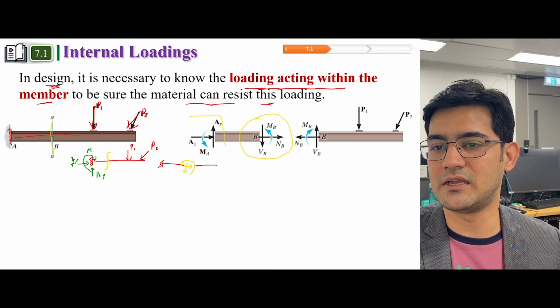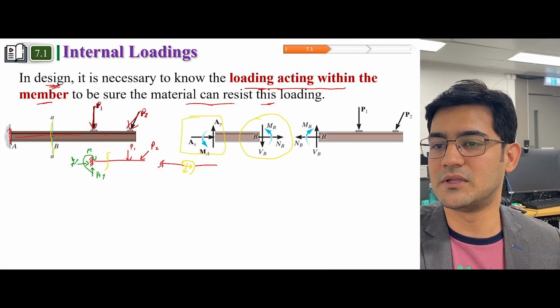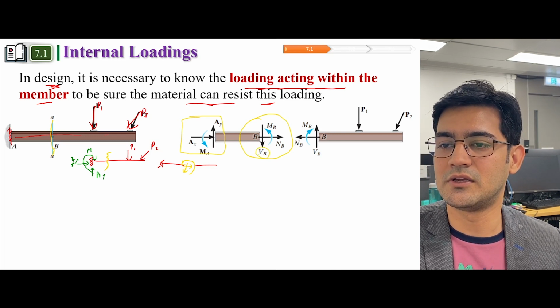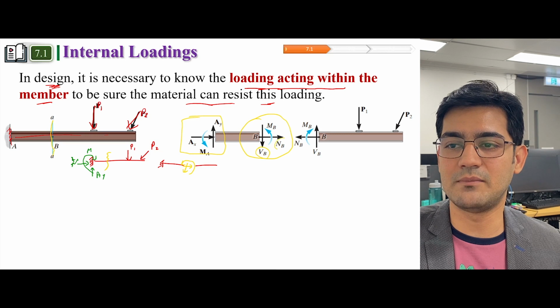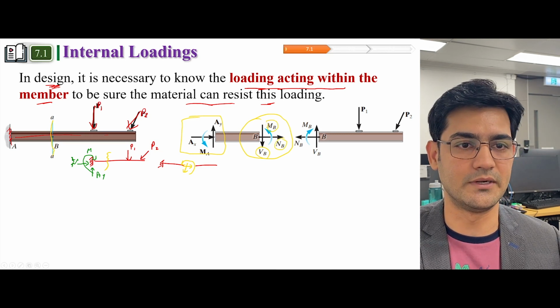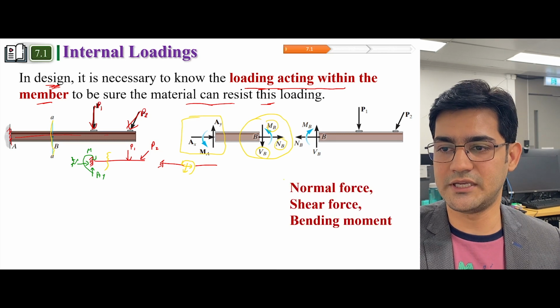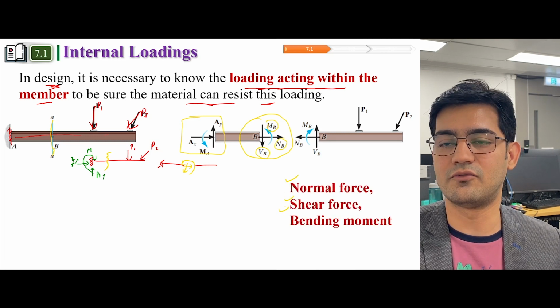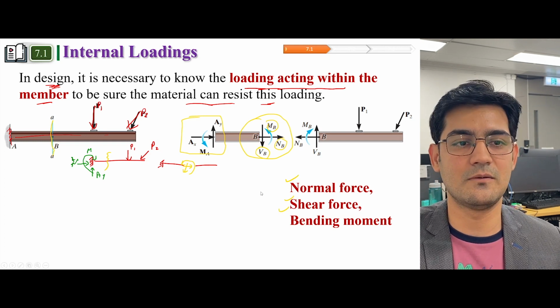So these are the reaction forces, but these are the internal forces. Now you have three types of internal forces. VB would be shear force, NB is normal force, and MB is bending moment. These are the three types of internal forces which we usually see in 2D structural members.